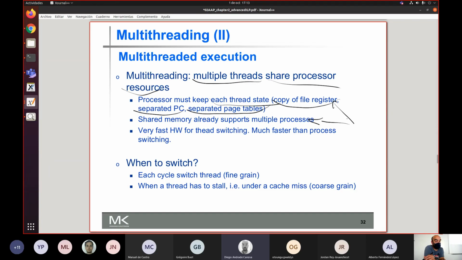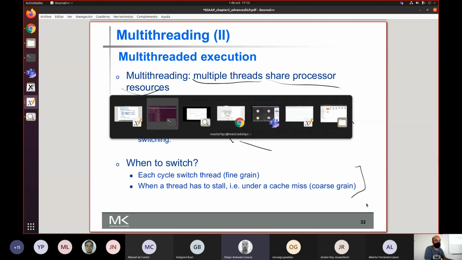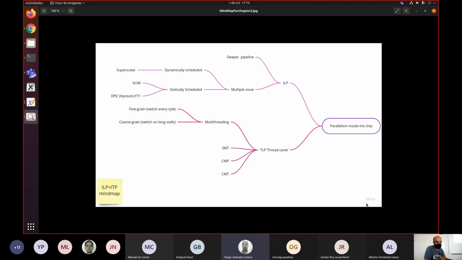And this is going to be key for the performance of threading. It's very important that we have hardware that allows switching between different threads very fast. So the first question that we are going to answer, and this is an important question, the reason why I included it in my mind map, is when to switch.